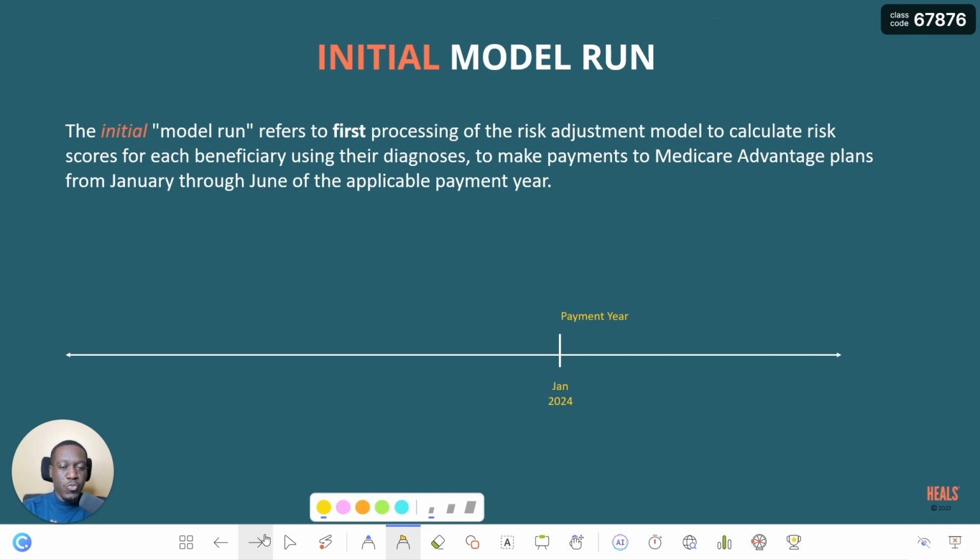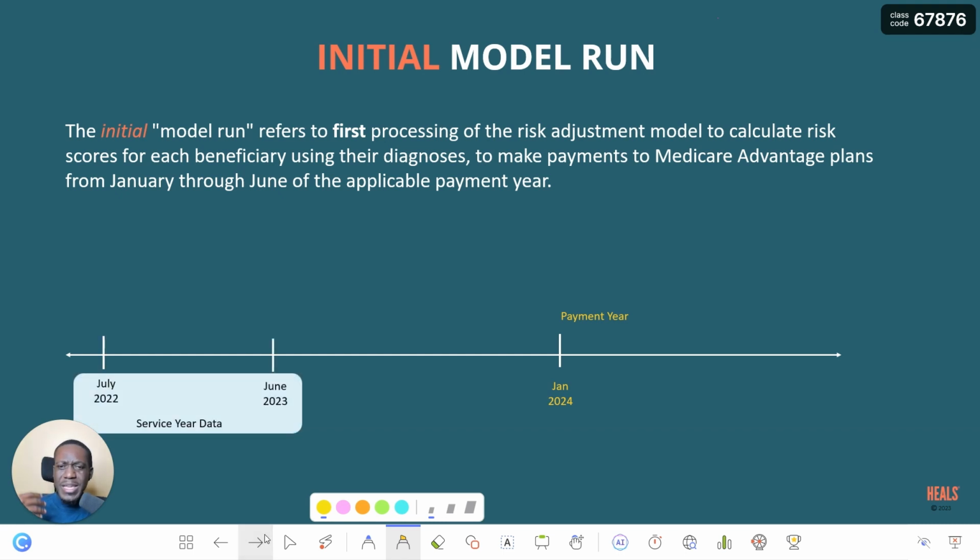So for example, 2024 is just at the corner. We're already in November. As the year starts, CMS will have to make payments to health plans so that they have money to take care of the beneficiaries. But we learned that the 2024 payment year as a whole uses 2023 date of service data.